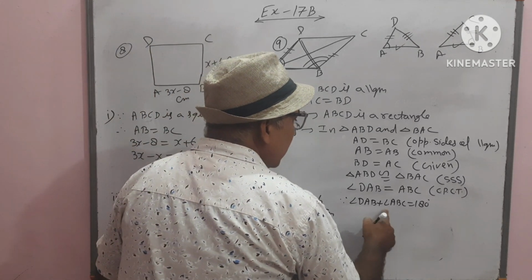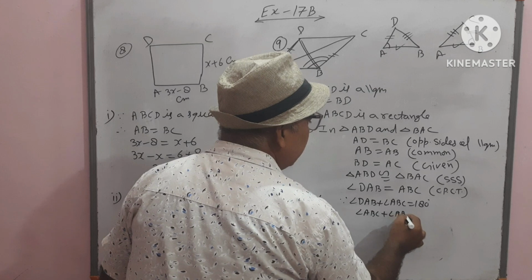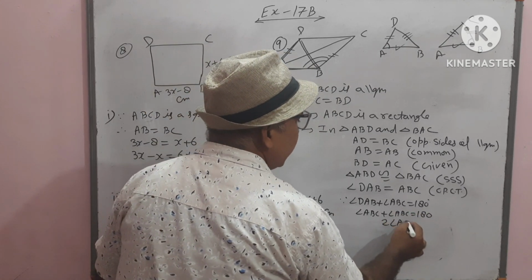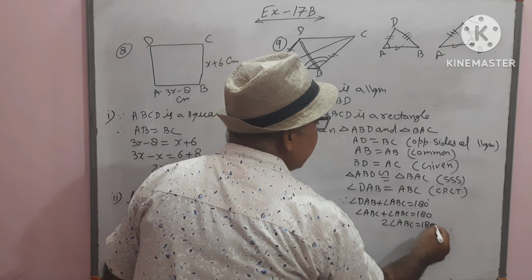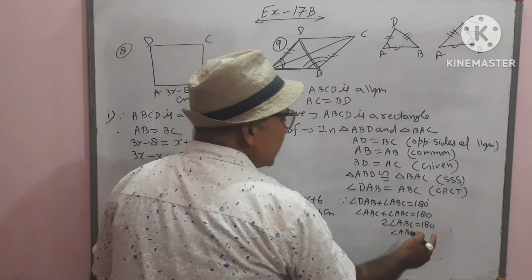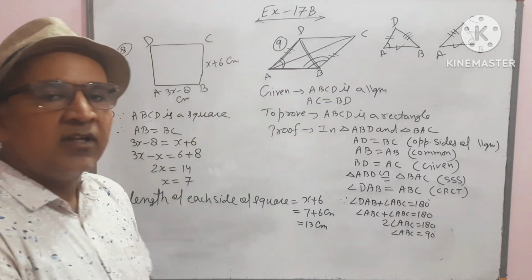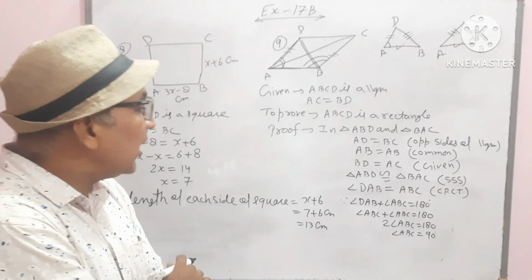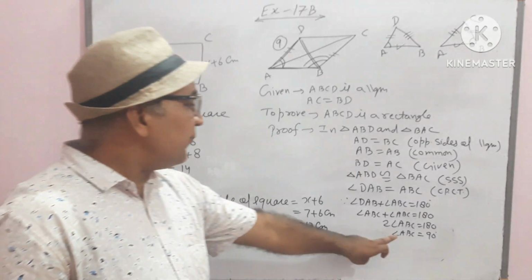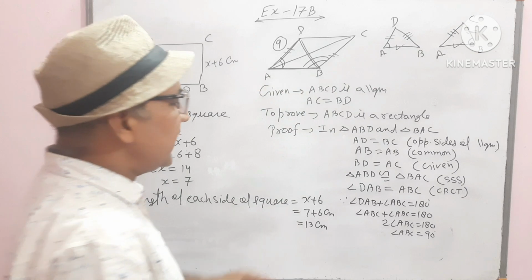So, because both the angles are equal, we can replace one angle by the other. That means ABC plus ABC is equal to 180. ABC plus ABC is 2 ABC. That means ABC is equal to 180 upon 2, that is 90 degrees. We have proved that an angle of the parallelogram is 90. And remember, if any one angle of a parallelogram is 90, then it becomes a rectangle.